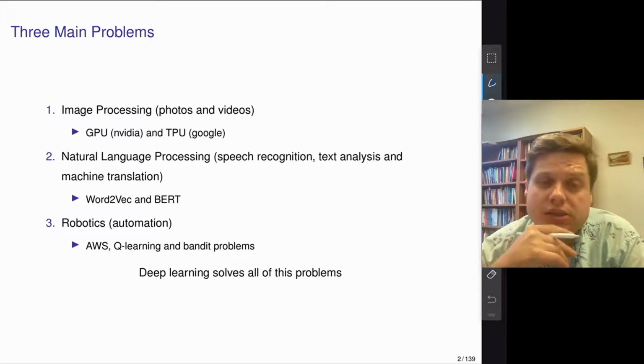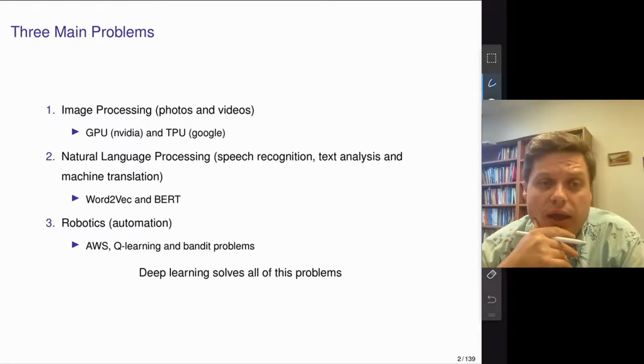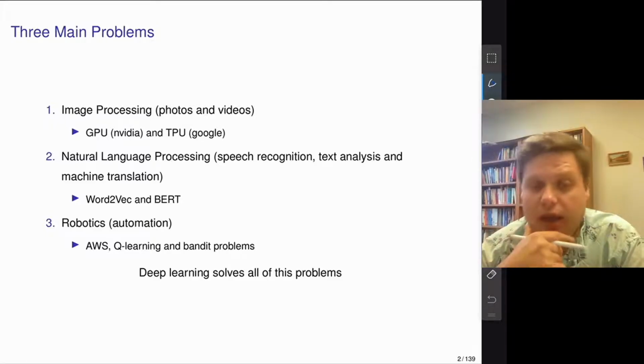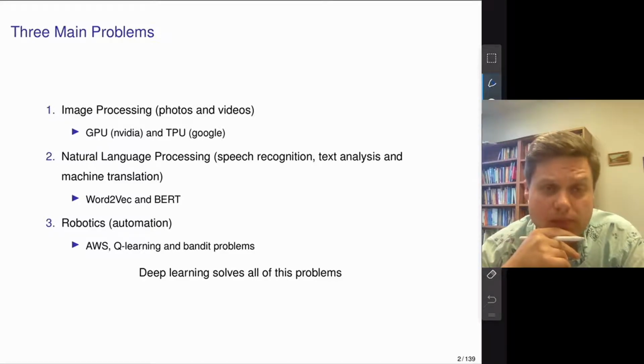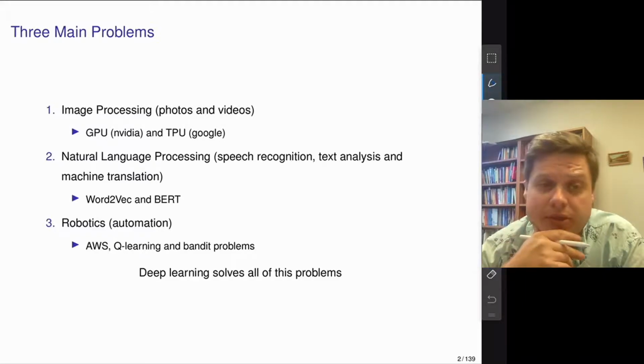Natural language processing, you use natural language processing every time you try to dictate something to your cell phone, every time you use one of those translators like Google Translate, every time you talk to the automated support system in your bank, or when you purchase something from Amazon.